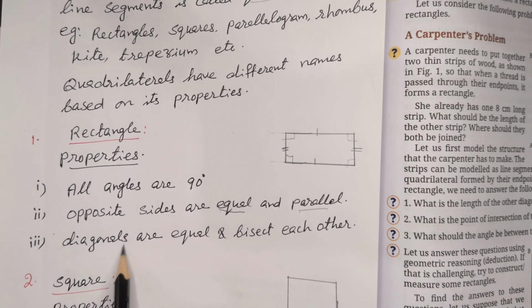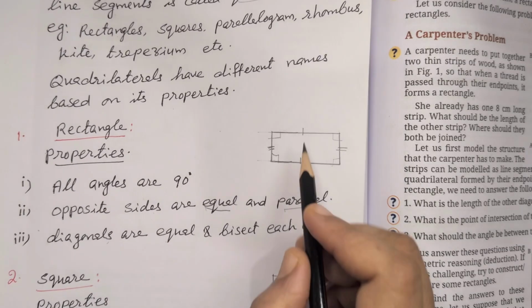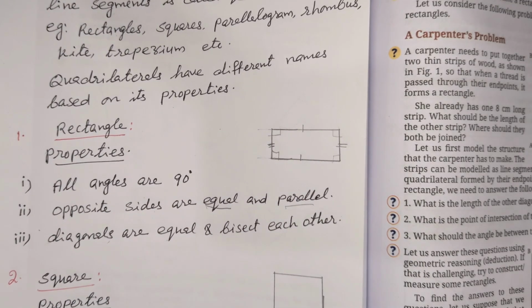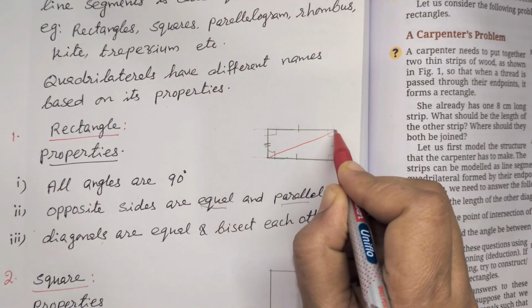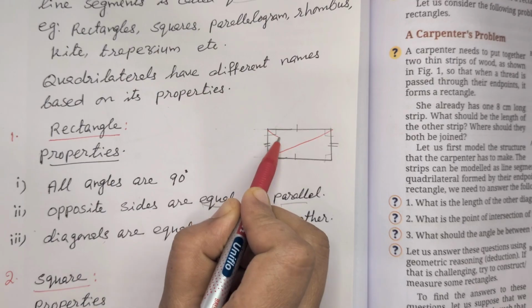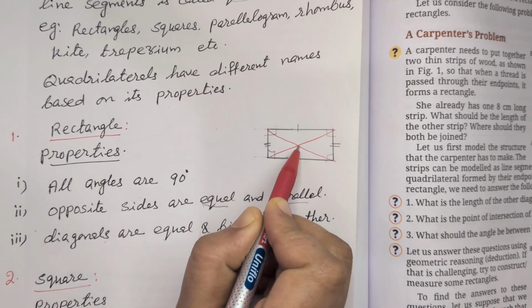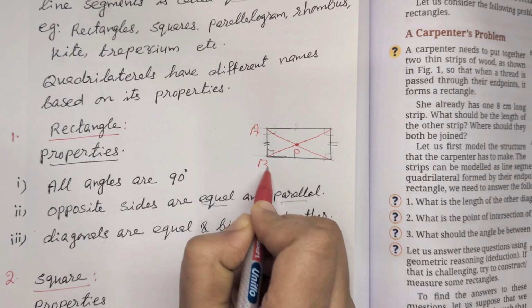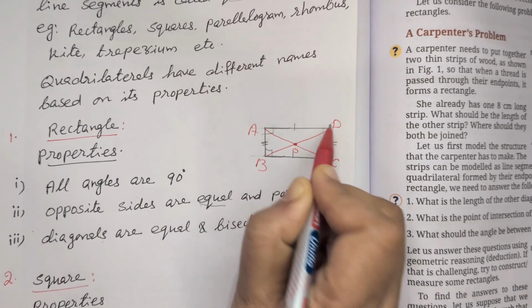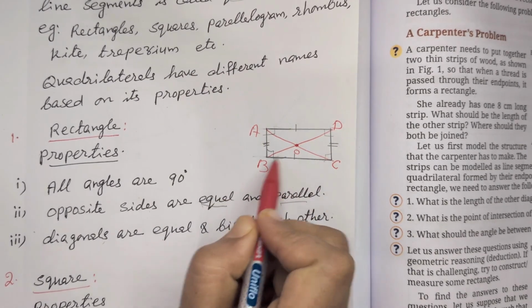Then diagonals are equal and bisect each other. When we draw the diagonal from one vertex to the other, and in the same way from this corner to the other, it will intersect at a point. If we name the vertices A, B, C, D, we can say AC is equal to BD.